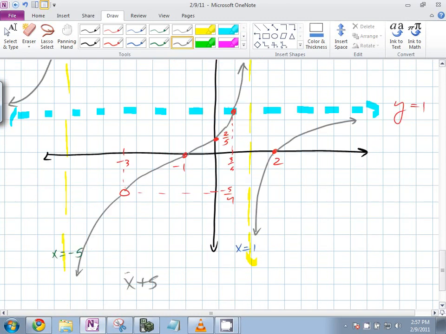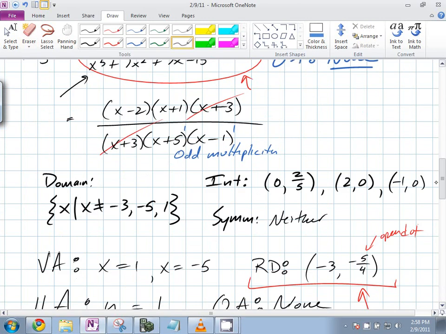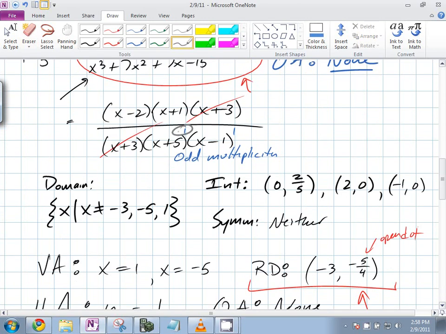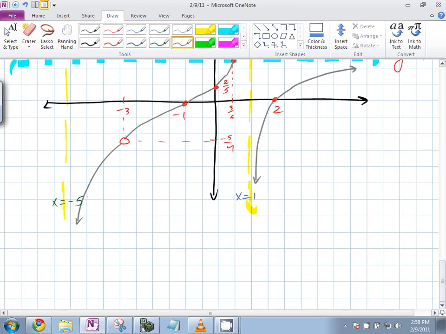Both would go down, or both would go up. But no, it's odd. Look, it says it right here. The power of this is 1. It is odd. So at negative 5, the approach is going to be down and up. Going back and looking at this, we knew for a fact that it had to go down right there, so on the other side, it has to go up.